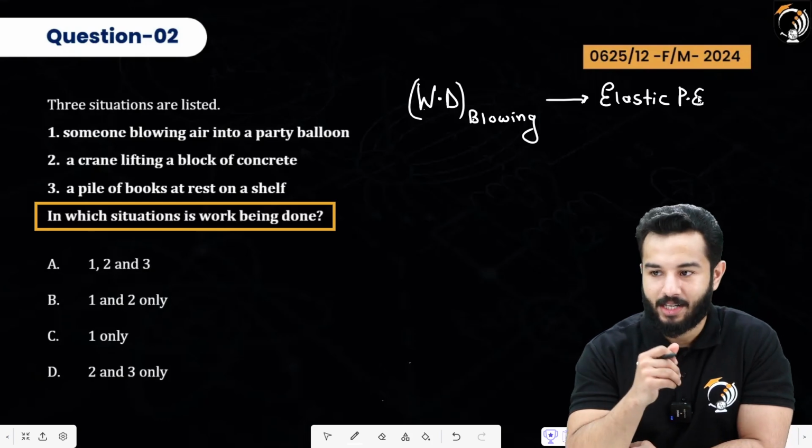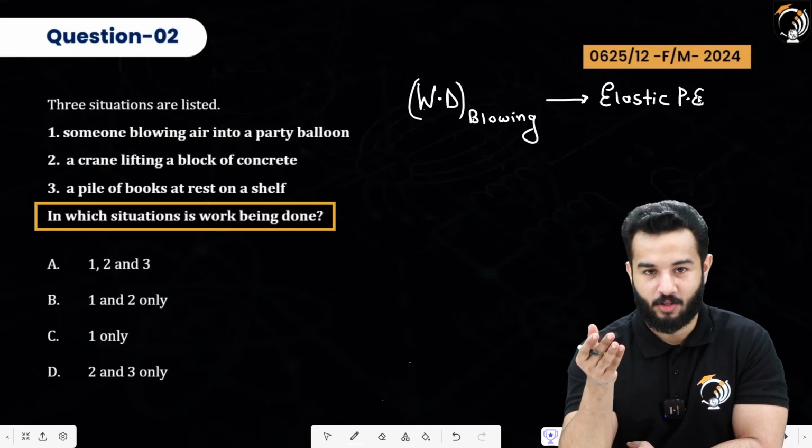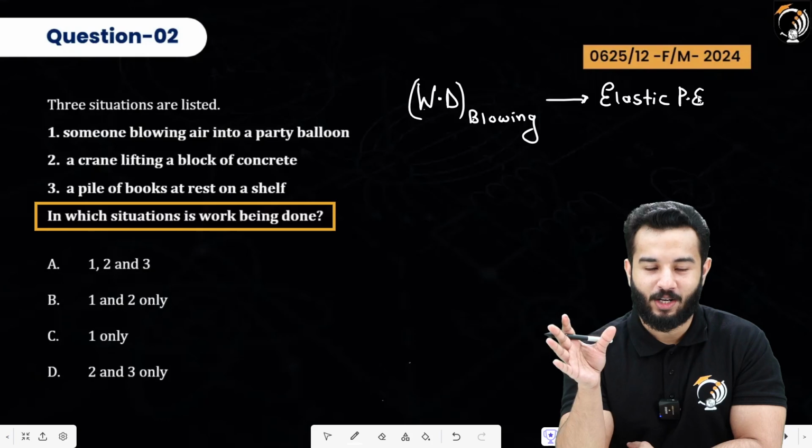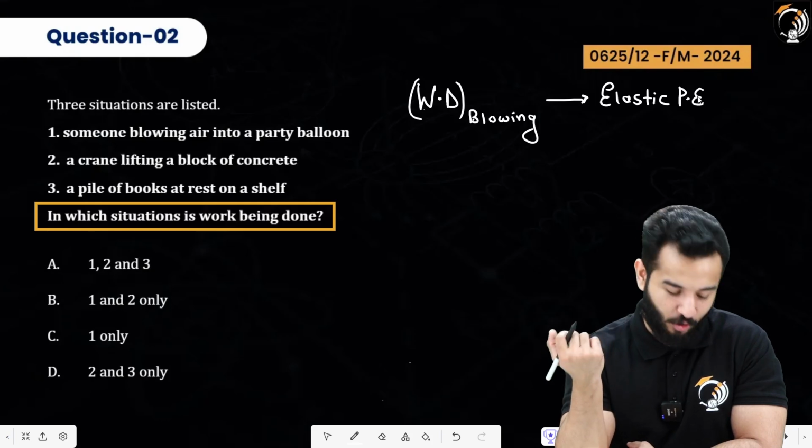Is that correct? Right? If you release the nozzle of the balloon, all of the air will come out and it will come back to its original shape.